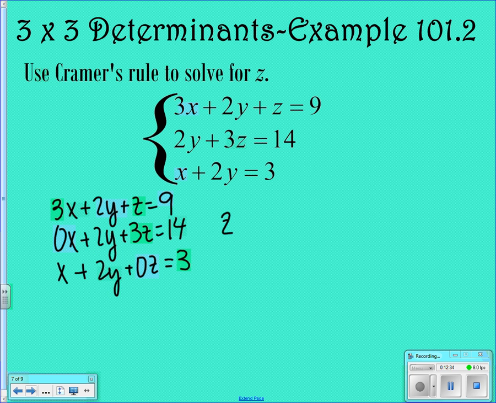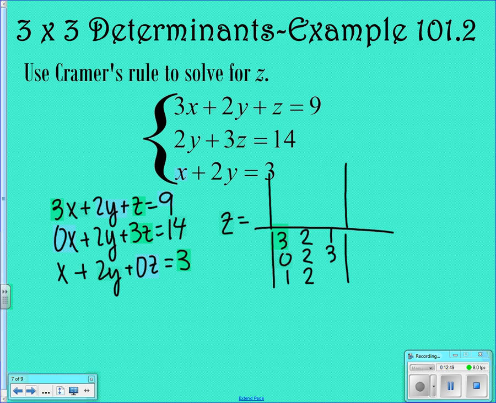So if I'm solving for z, I'm going to have, for my denominator, 3, 0, 1, 2, 2, 2, and then 1, 3, and 0. For my numerator, I'm going to have 3, 0, 1, 2, 2, 2, and then instead of my z values, I'm going to have 9, 14, and 3.